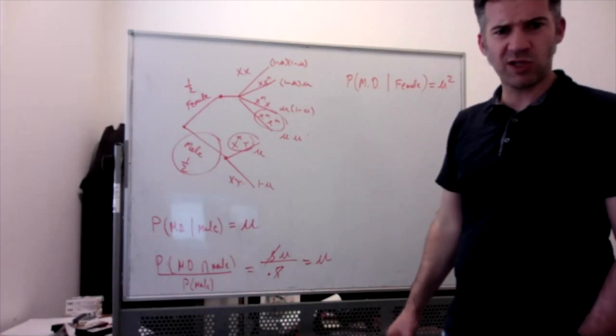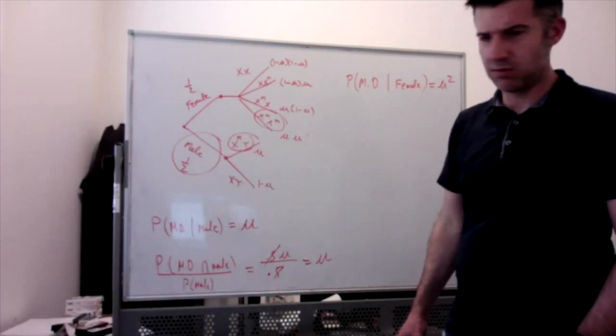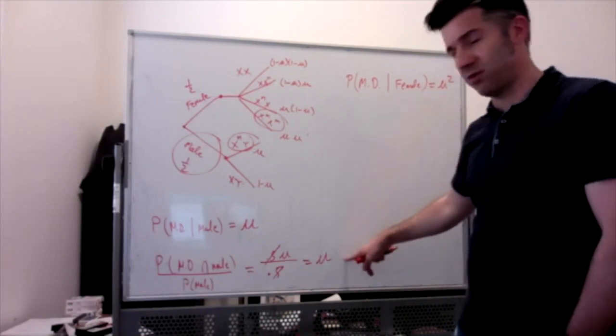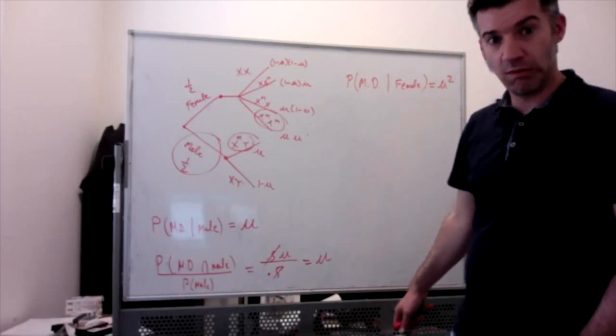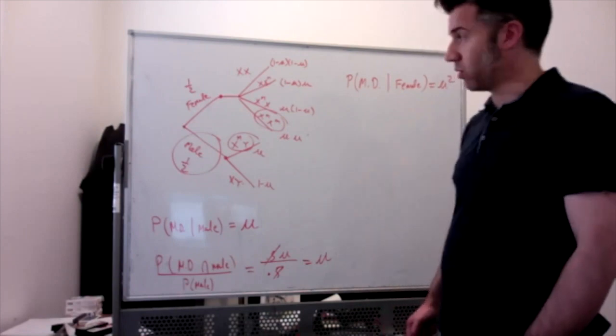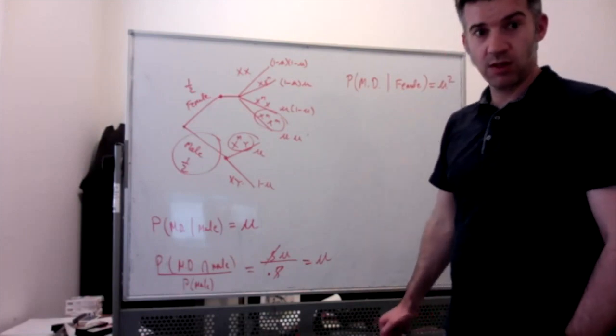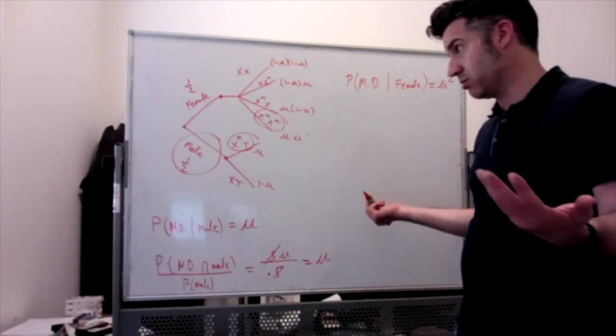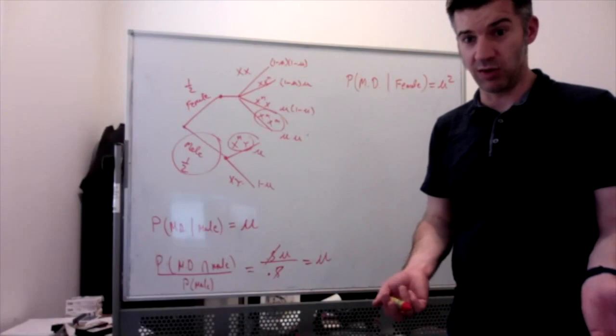So who has a bigger chance of getting muscular dystrophy? The females with the probability of mu squared or the males with the probability of mu? Good question. It's actually the males, because in this situation mu has to be between 0 and 1.